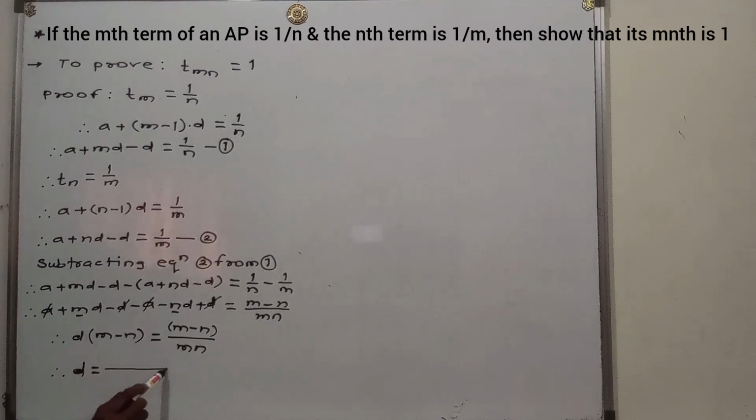Therefore, see this carefully: m minus n original and m into n original. We take this to the right, then it becomes the denominator, this is cancelled. Therefore what is the value of d? 1 upon mn. This is the value of d.